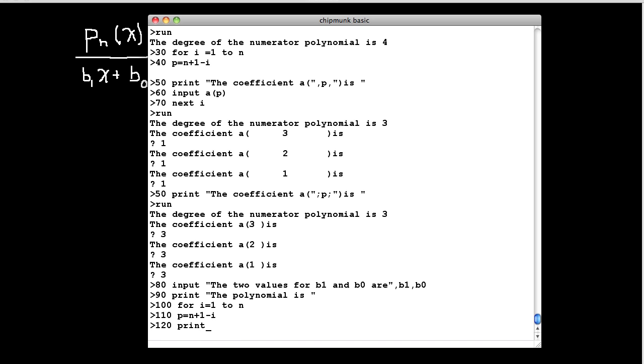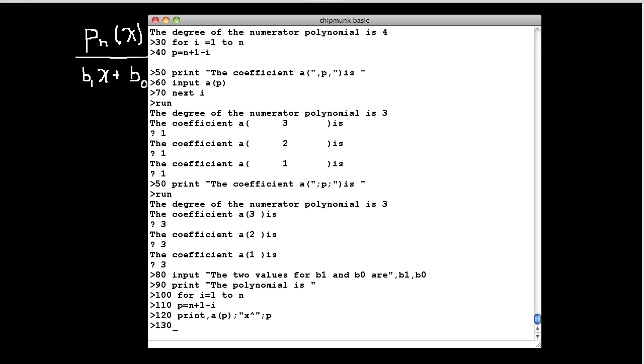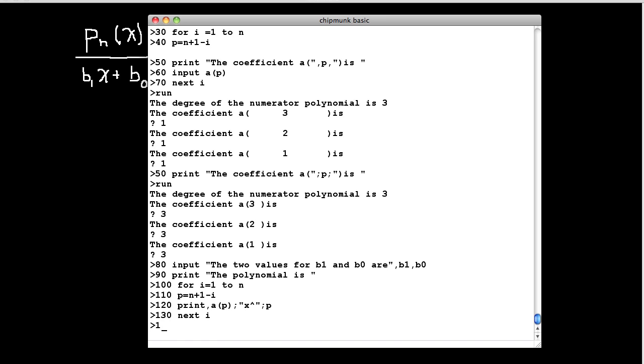I'm going to print the value of P, and I want to print it with x raised to the pth power, then 130 next I, and then 140.